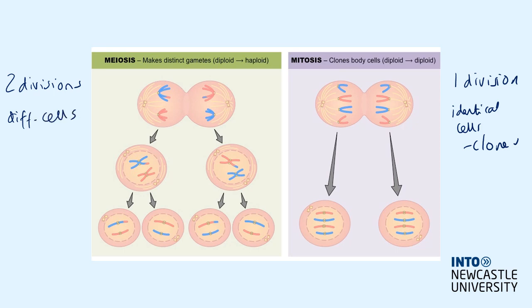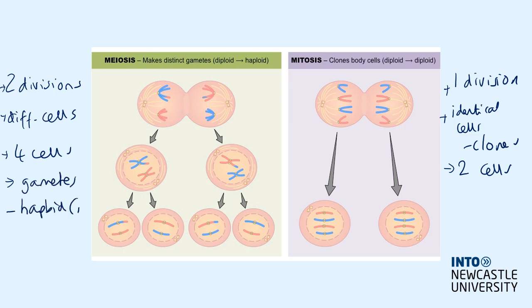We've got this genetic recombination. Mitosis produces 2 cells. Meiosis produces 4 cells. Meiosis is used to produce gametes that are haploid. Remember, we used that term N to describe it. Mitosis is used for body cells, and the cells are diploid, 2N. So that about summarizes the differences between meiosis and mitosis.